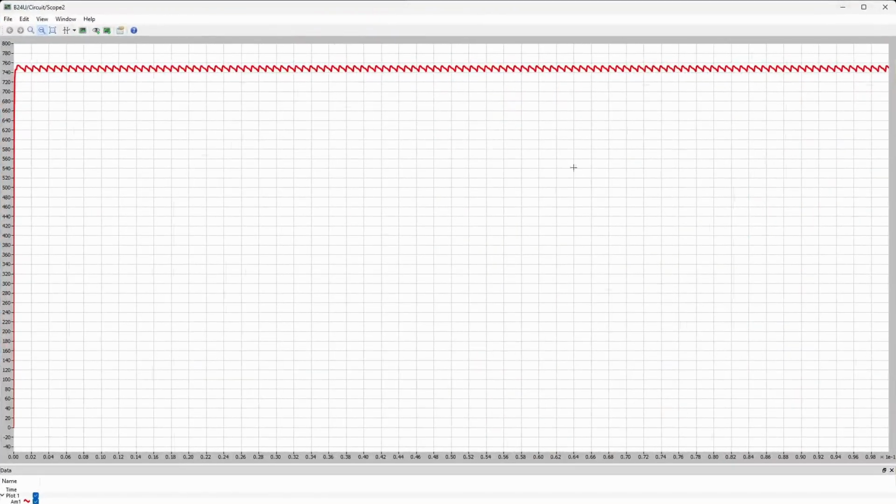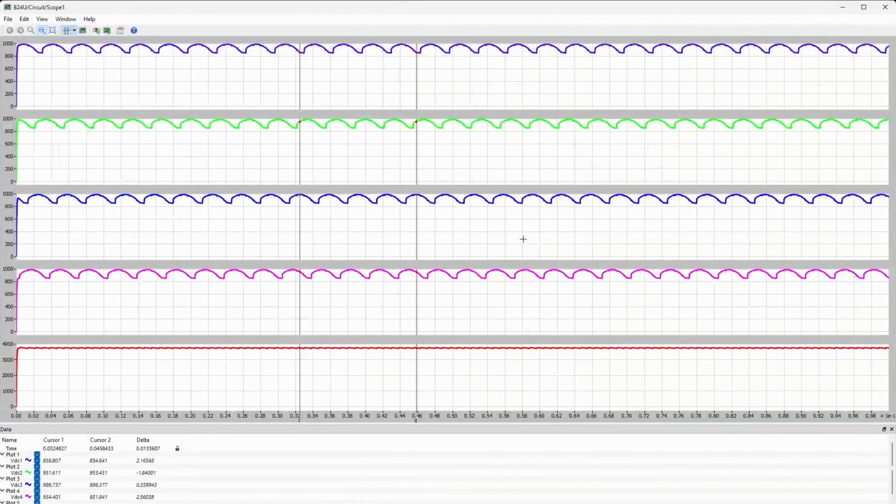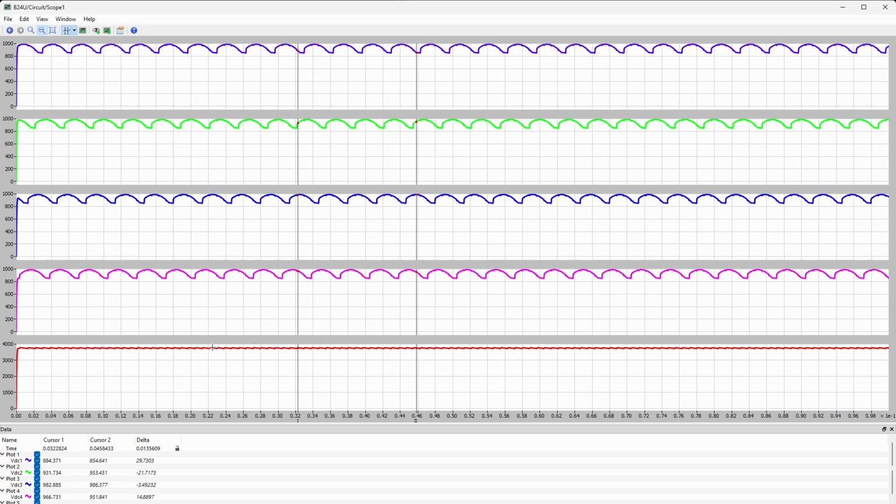The DC current, for multiple ripples, is almost pure DC with very little pulsation, and the partial voltages are also affected due to the current flow. But if you see the complete DC voltage, it's almost pure DC.